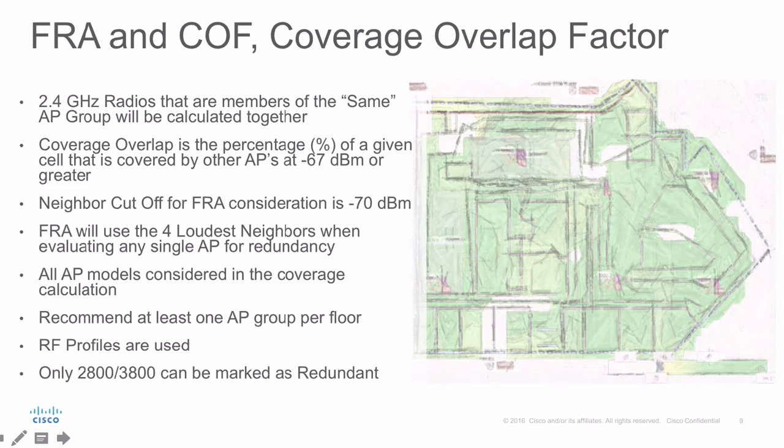Okay, now a little bit about FRA and coverage overlap factor. 2.4 gigahertz radios that are members of the same AP group are going to be calculated together. Now this is important because if they're not in the same AP group, even though they may be adjacent to each other in placement, they're not going to be calculated together.